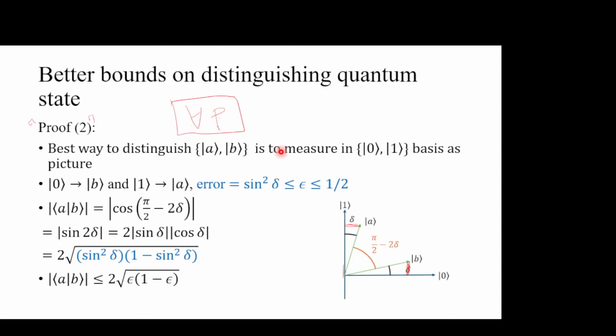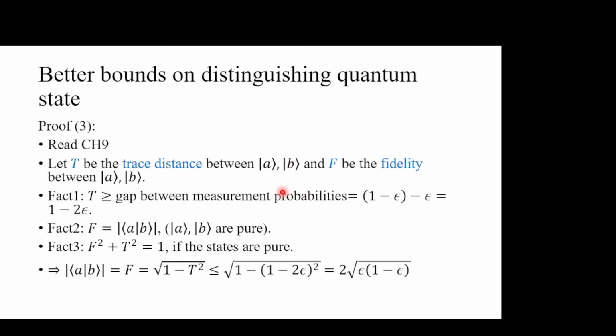As we see here, there are a lot of things related to the distance between two quantum states. For example, what's the best probability you can get to distinguish two quantum states? The trace distance exactly characterizes this probability.